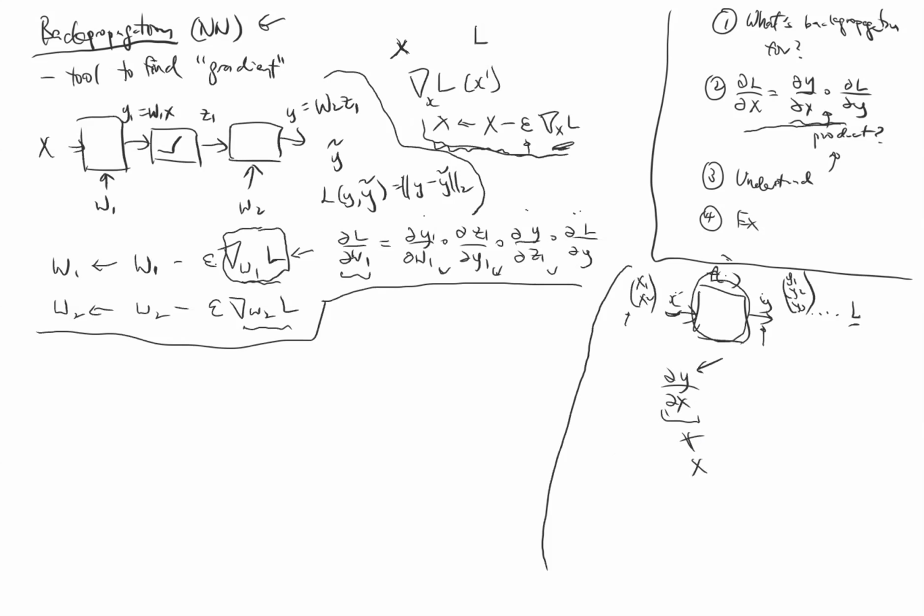Actually, if y is a vector, each component, like partial y1, partial x, will be the same shape as x. Maybe I use a tilde to represent the same shape as x. So this is actually composed of three pieces, partial y1, partial x, partial y2, partial x, and so on, and each of them has the same shape as x.